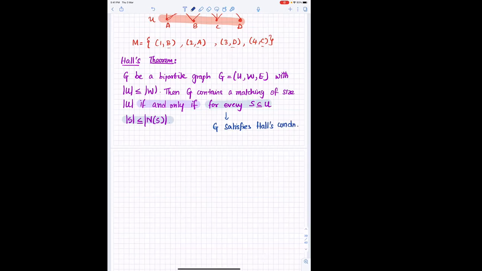And we say that a bipartite graph G satisfies Hall's condition if this is true.